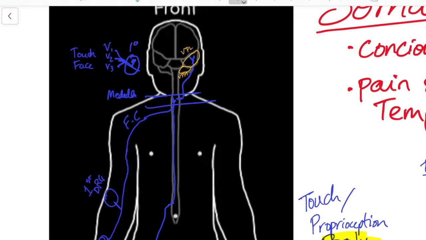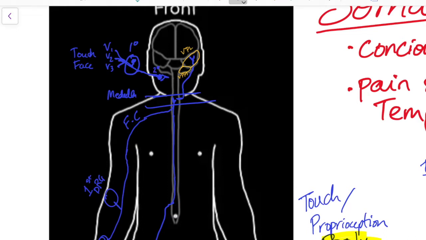So the first cell body is trigeminal ganglion, will enter through the pons at some level, and for touch it will be at the same level, or will not go down, so it will go to the principal nucleus, and this is where the second cell body synapse is.